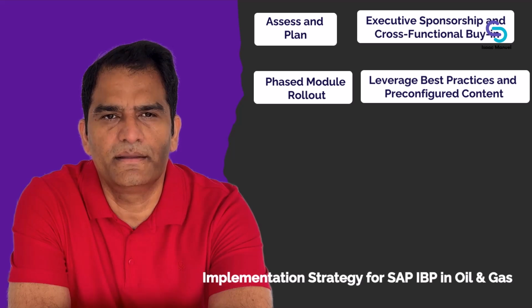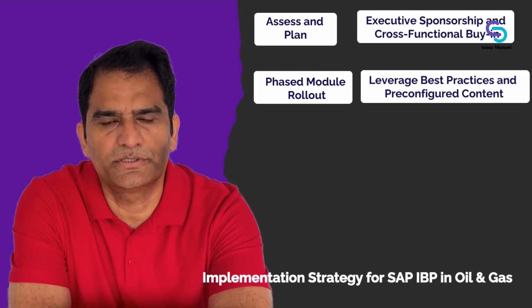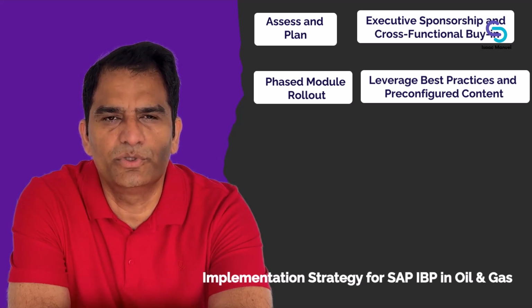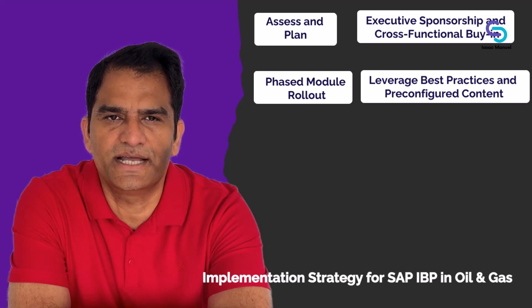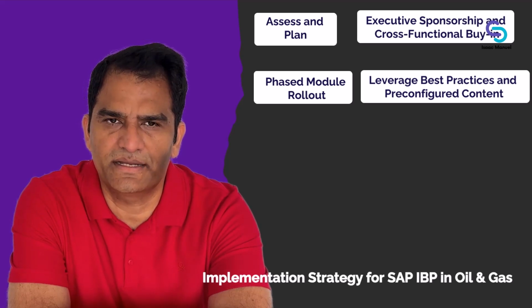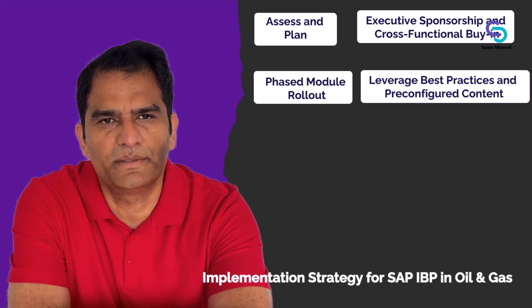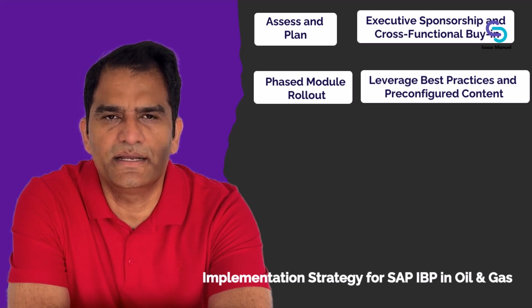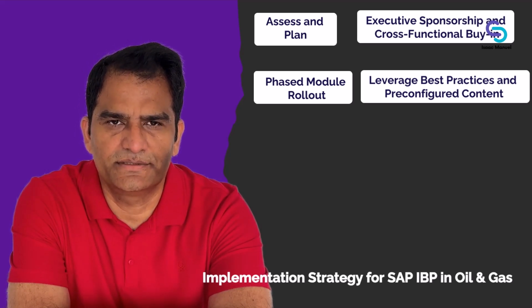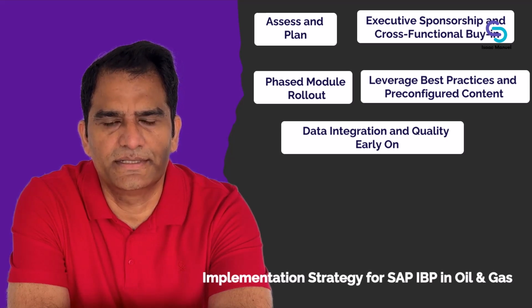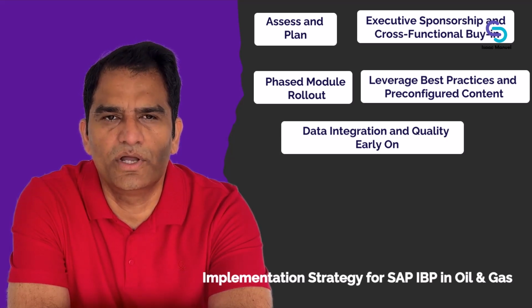For example, typical supply chain model templates and sample S&OP process flows. Using standard content as a baseline can reduce time to value and ensures alignment with proven processes rather than reinventing the wheel.